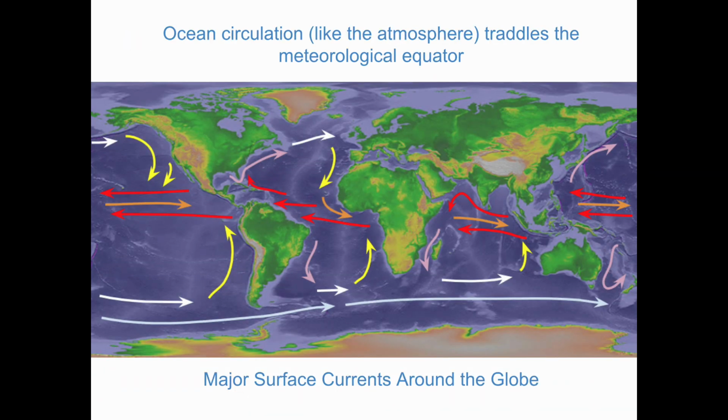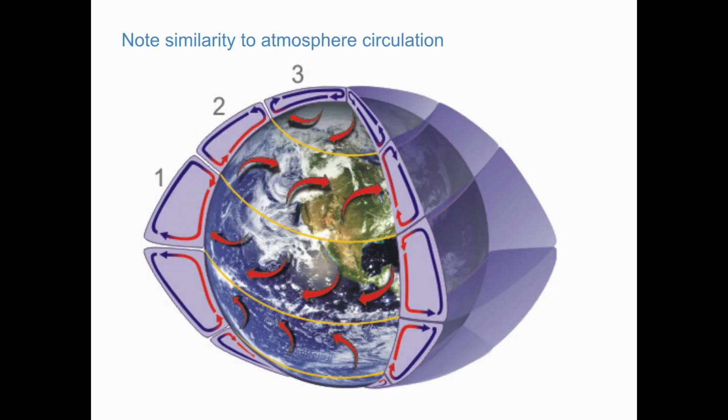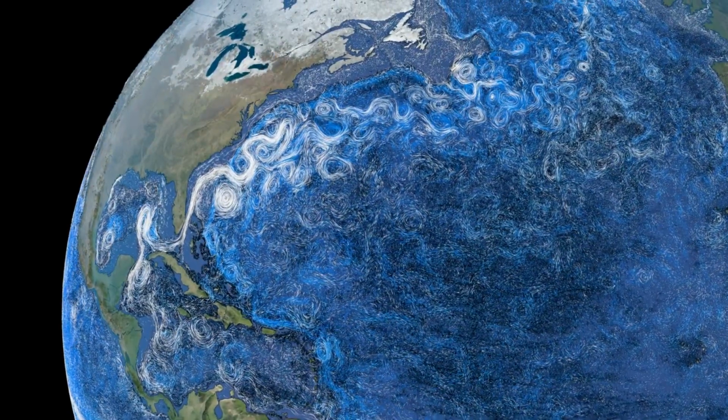You can see in this map the several large circulatory patterns, and there are several. They're color-coded, and we'll get into those in a second. But this enables all that ocean water at the surface to mix throughout the different ocean basins.